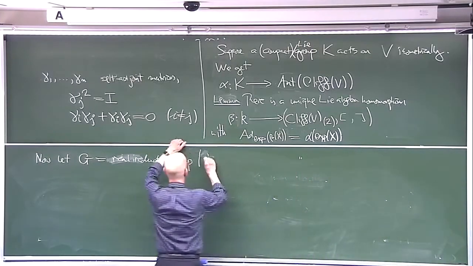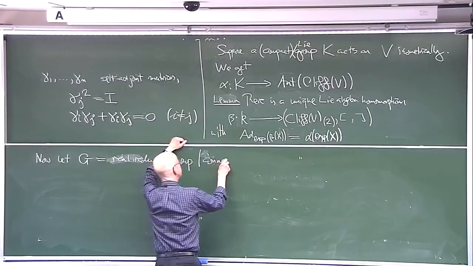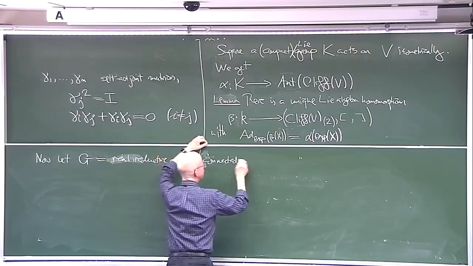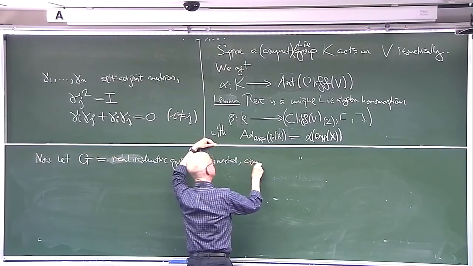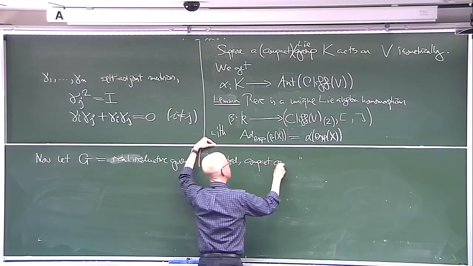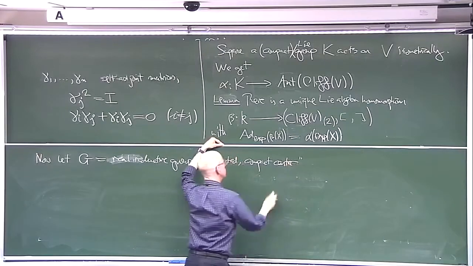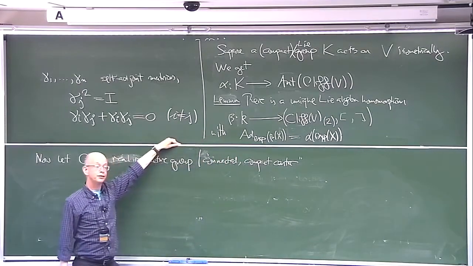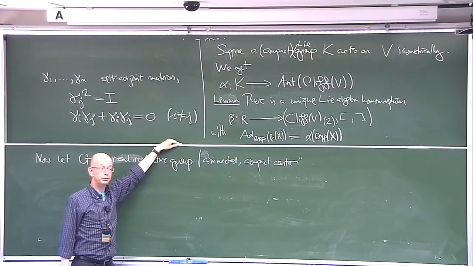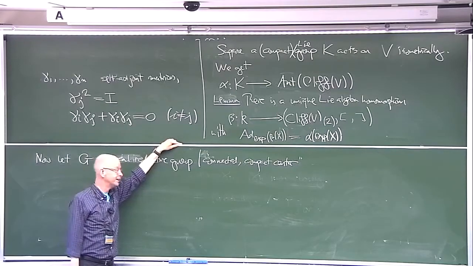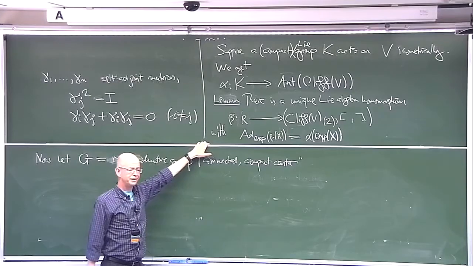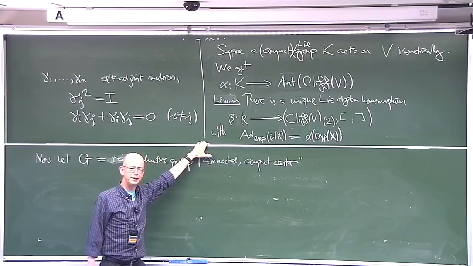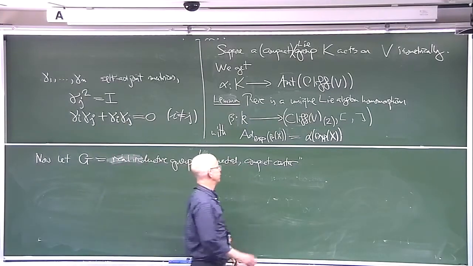So I'm going to assume that the group is connected. I'm going to assume that it has compact center. Remember, if it doesn't have compact center, it's always a product of an abelian group with a group that does have compact center. So it's no big deal to assume it has compact center. And if it's not connected, it's almost connected. It has only finitely many components anyway, so these are not terribly important things.